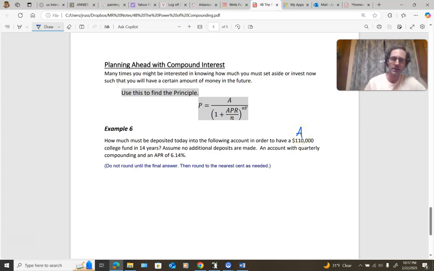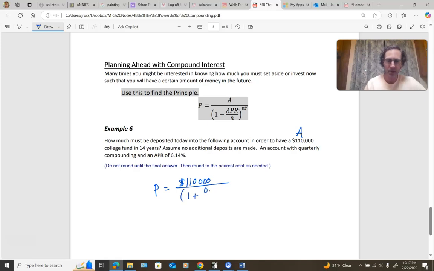Okay, so we're going to plug these numbers into this formula right here. So the principal, or in other words, the amount that we need to invest today, is equal to the future value that we want to have 14 years from now, which is $110,000, over 1 plus the APR.